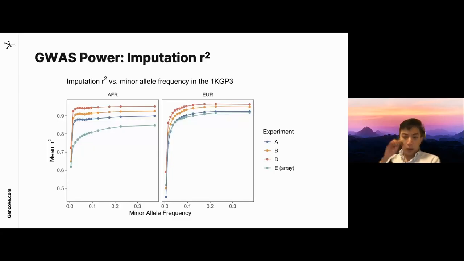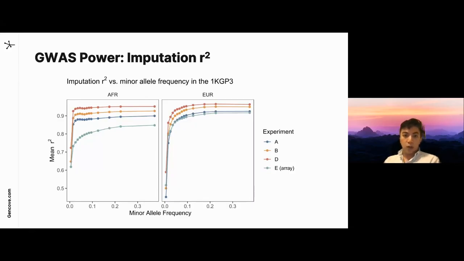Basically, one should look at this plot exactly the same way as the previous plot. The left and right panes are stratification by superpopulation, and the color of the lines are stratification based on the experiment. A, B, and D here are the sequence-based experiments, and E, the green-gray line at the very bottom of each of these plots, is the result from the array experiment.